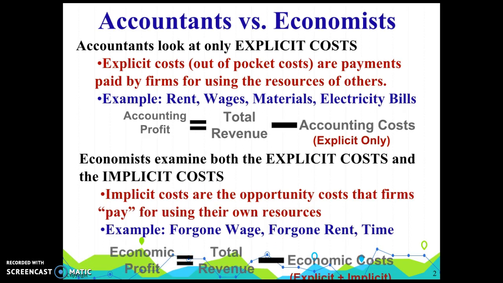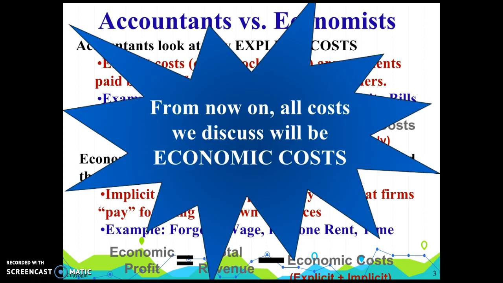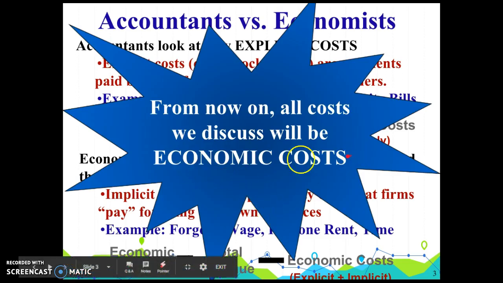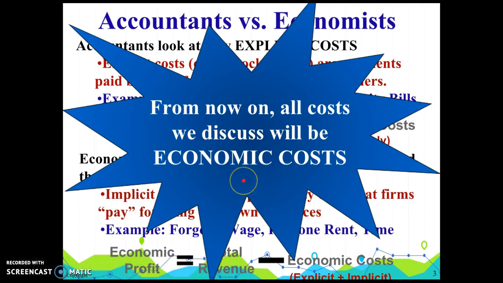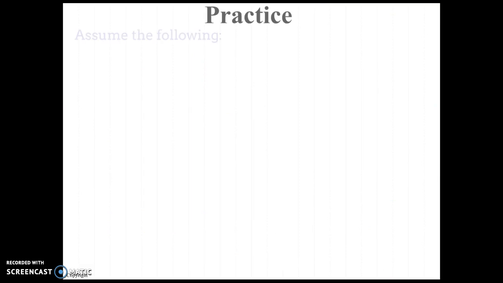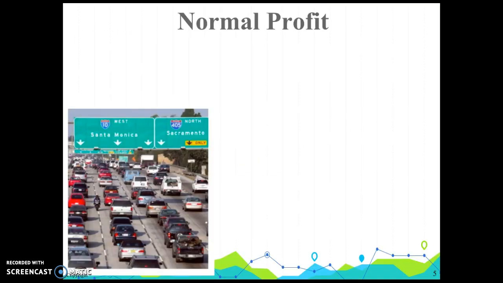So an economist would say total revenue minus your explicit and implicit cost is going to give you your economic profit. So this is just a heads up that going forward, we're only going to talk about economic costs. So whenever you see cost, you have to know that we're also considering implicit costs, not just the explicit cost on things like rent and utilities. We're also going to consider all your opportunity cost as well for different things. So we'll do that in class.